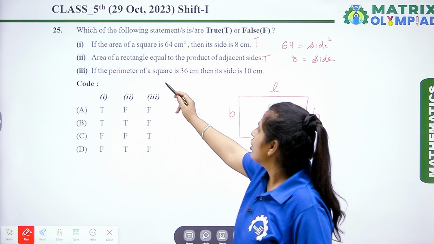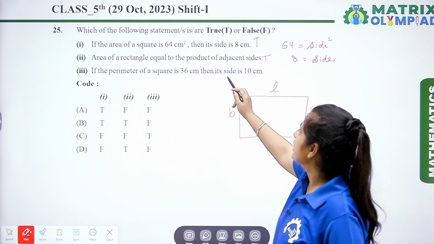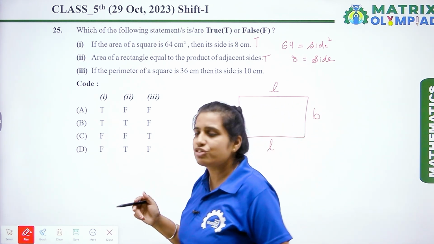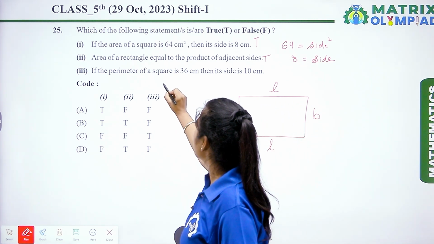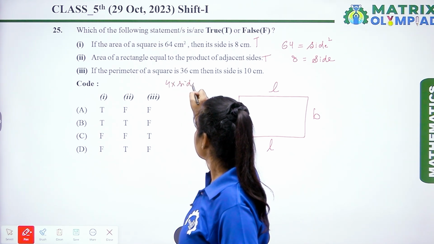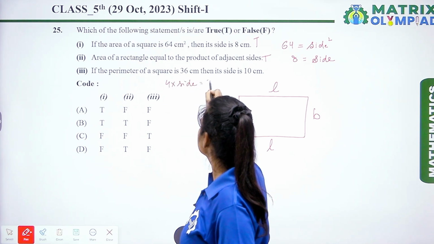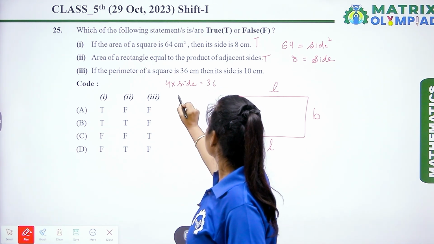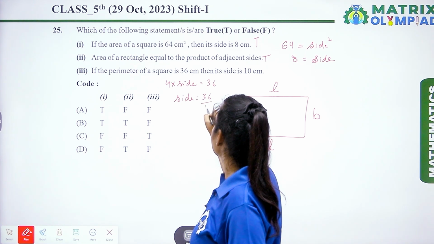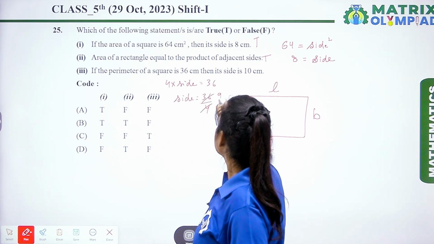If the perimeter of a square is 36 centimeter, then its side is 10 centimeter. So let's check this also. Perimeter of a square is 4 multiplied by side, that is equal to 36. So let's find out the side. Side is equal to 36 divided by 4, that is 9.